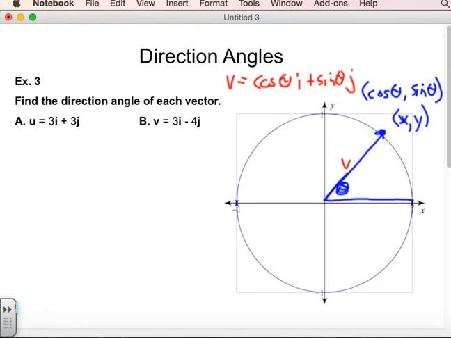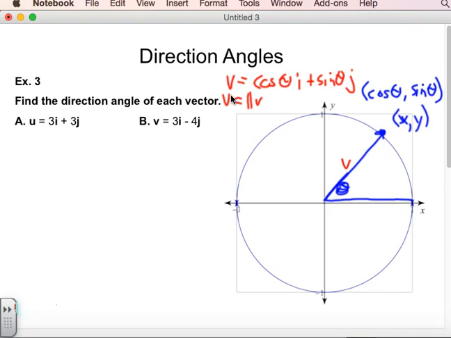So now another thing to extend, let's say we extend this vector out past the unit circle. So its magnitude now is not 1, it's not a unit vector, it's just any other vector. Okay, then the formula that we end up getting is we want to take the magnitude of that vector, however long its length ends up being, and multiply it by each of those two parts.